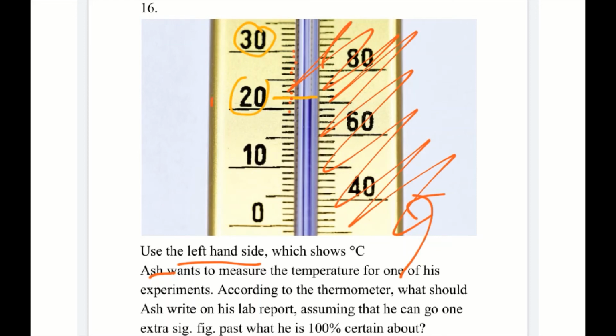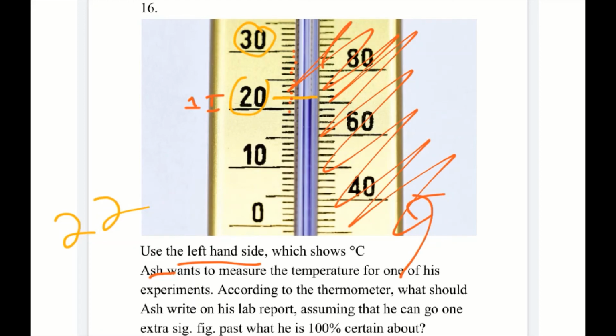So each unit counts as 1. So this yellow line represents what the reading was, and it seems like it hit 22. So we can be for sure that it's going to be 22.